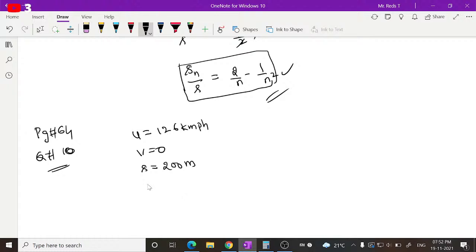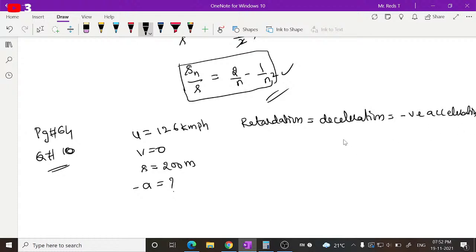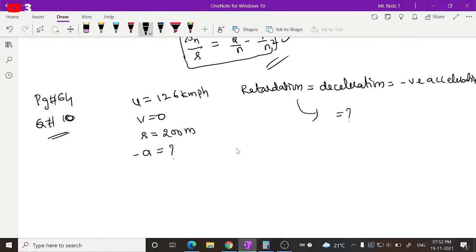Retardation is nothing but negative acceleration, minus a is equal to that. Retardation is also called deceleration. Deceleration is nothing but negative acceleration. So we have to use one of the equations of motion.